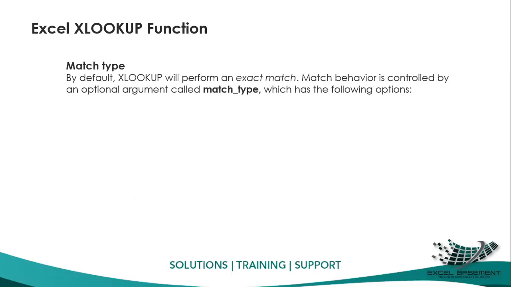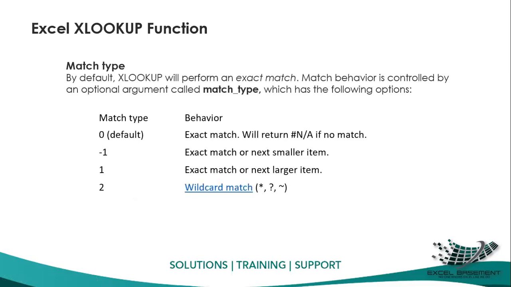So if we further explain this kind of match type, as I have already told you, there are four different match types. 0 by default is used for the exact match and will return NA if no match is found, right? -1 will go for exact match or the next smaller item. +1 will go with the exact match first or the next larger item, and 2 for the wildcards.